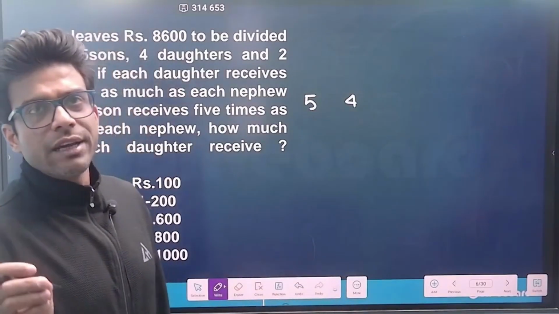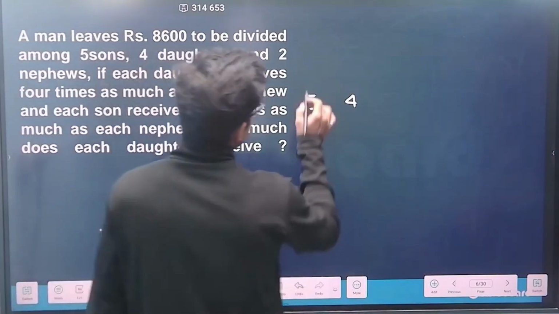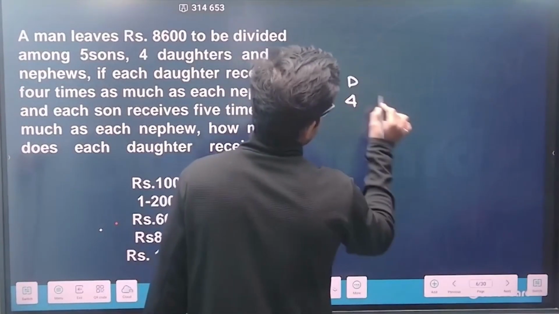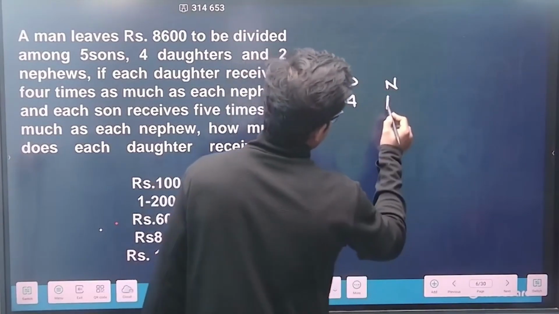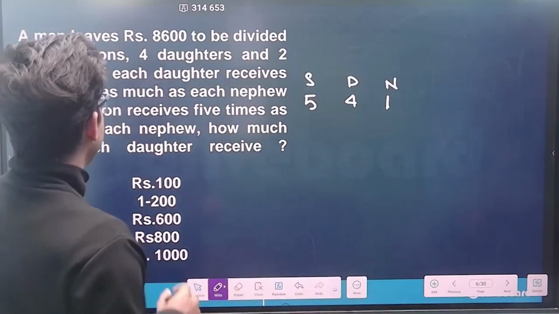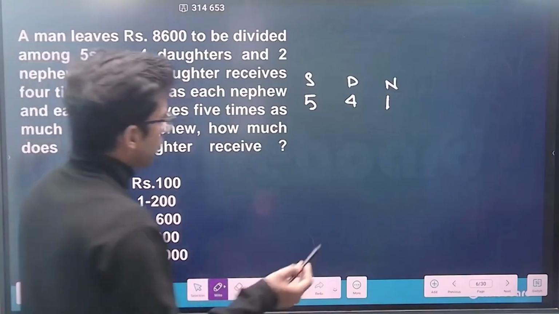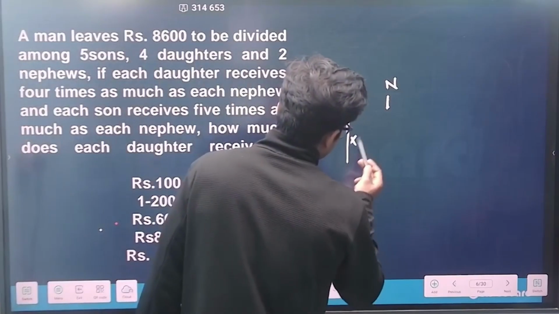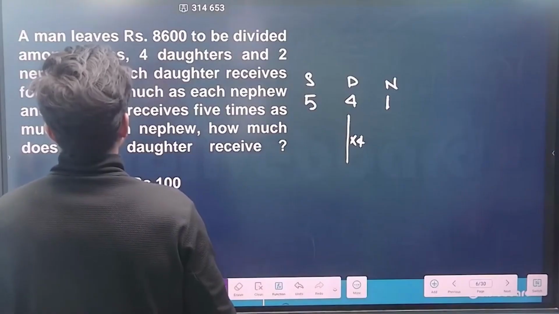Now, this is my son, this is my daughter, and the nephew ratio would be 1. Now you can understand what they're saying: each daughter receives 4 times, so daughter is receiving 4 times multiplied by 4, and son receives 5 times.